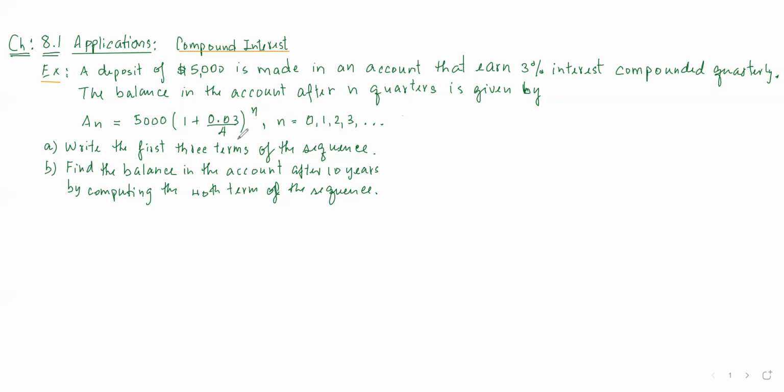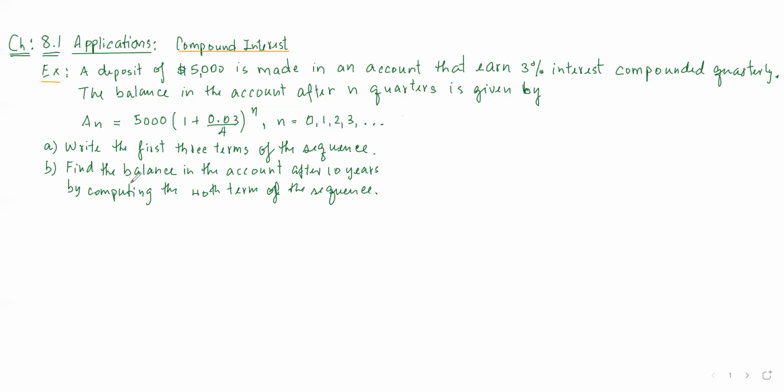Then you see question A: find the first 3 terms of the sequence. That means you have to write the 3 terms, term 1, term 2, term 3. Like A1, A2, A3, but this one starts from A0, so it should be A0, A1, A2 for the first 3 terms.